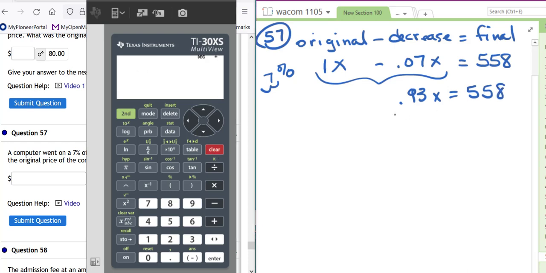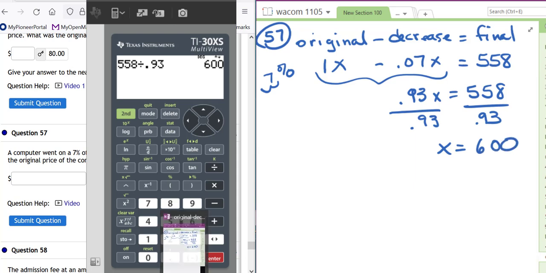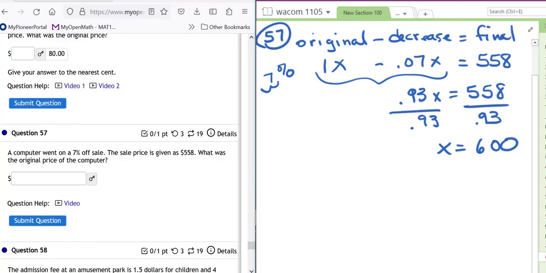So we have to divide by 0.93. So 558 divided by 0.93. And we're good. X equals 600. Very good.